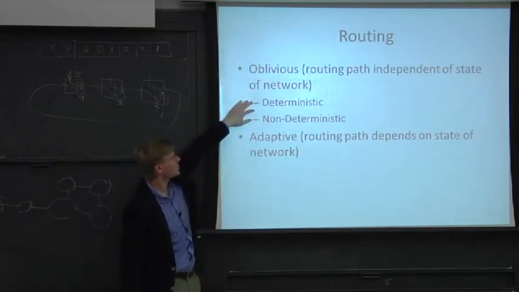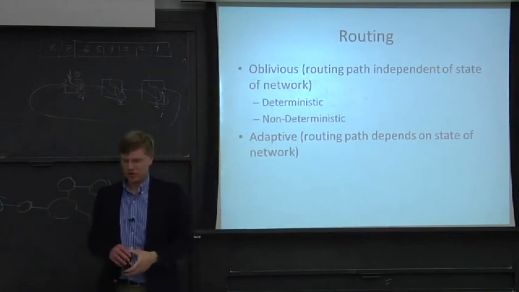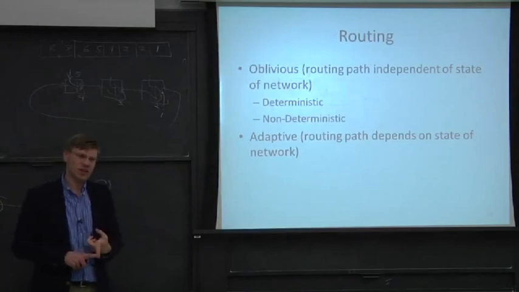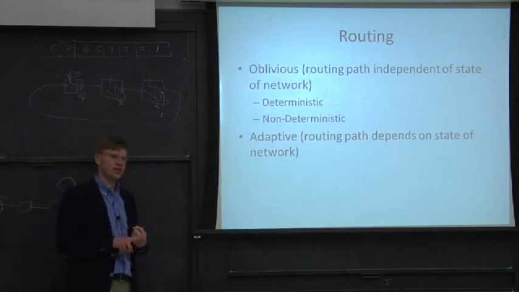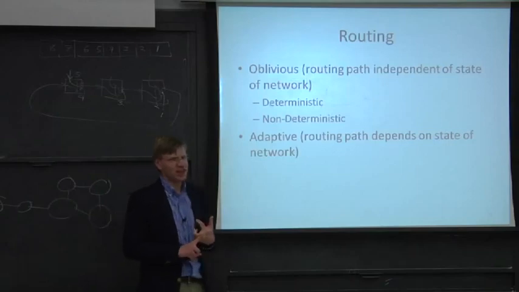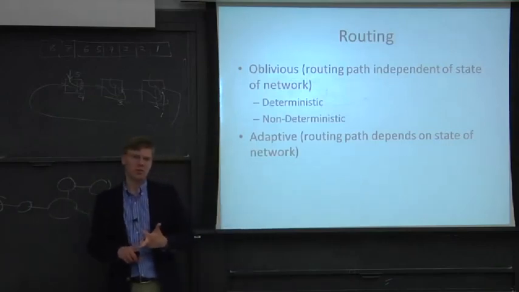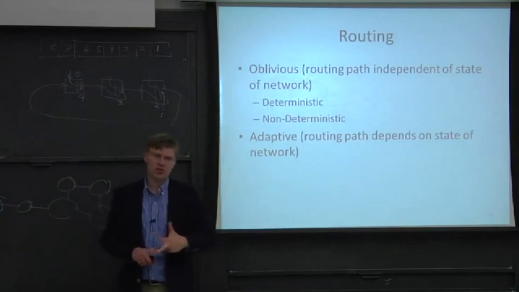Under oblivious networks, there's two sub-points here. One is deterministic, which basically says do the same thing all the time, versus a non-deterministic design. And you might say, what is a non-deterministic oblivious routing algorithm? Well, it's typically a randomized routing algorithm.